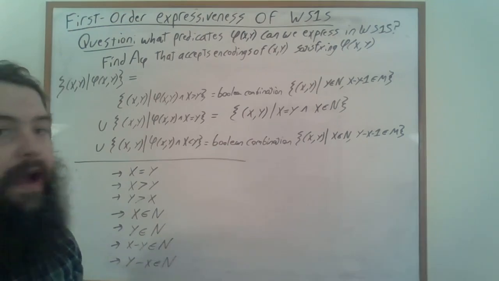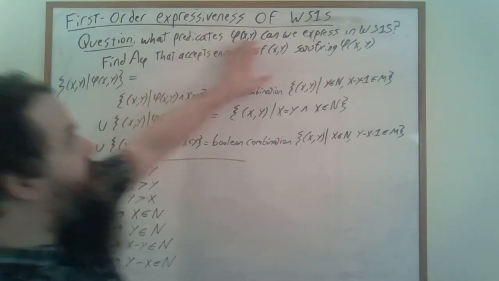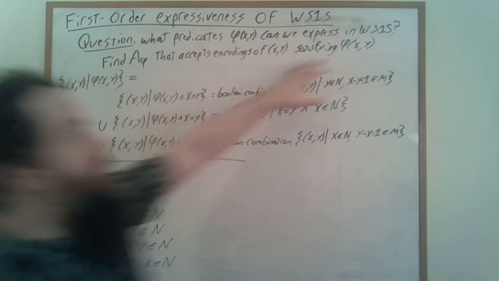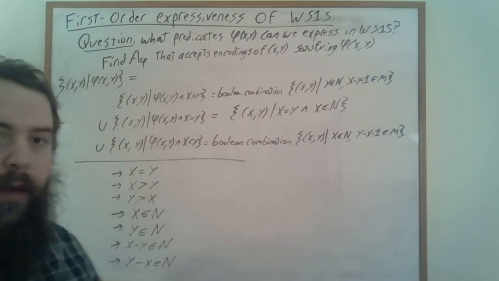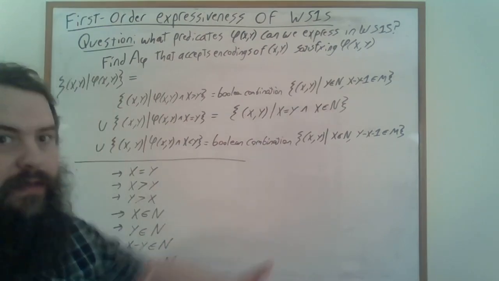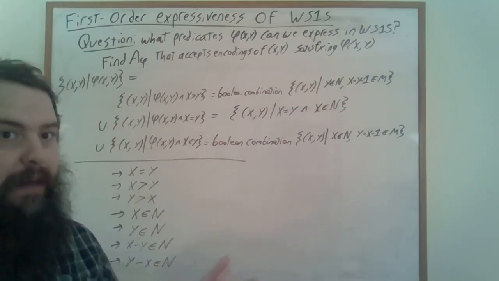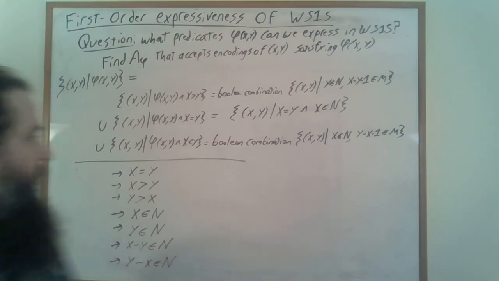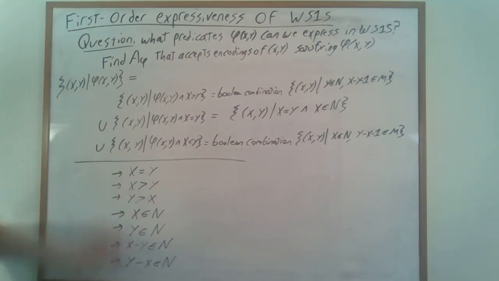So really what we're asking when we translate this question from asking about weak S1S to asking about Büchi arithmetic is, what sorts of things can Büchi arithmetic say about powers of 2? And then it's just assertions like this on the exponents.